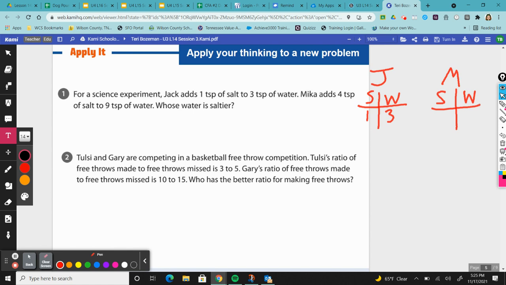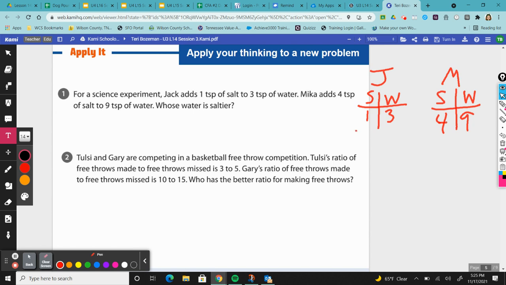So Mika adds 4 teaspoons of salt for every 9 teaspoons of water. Now, we want to know whose water is saltier. So we want to see what the difference is between the salt. So if we're comparing the salt, then the water has to be the same. Just like in the problem before, we were comparing the blue, so the red needed to be the same.